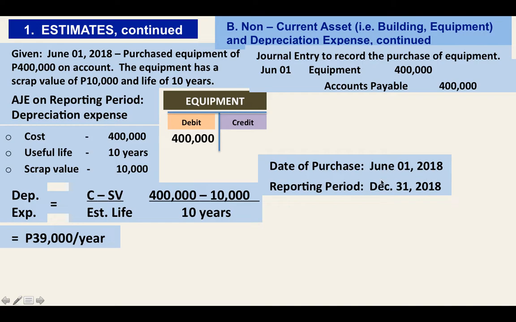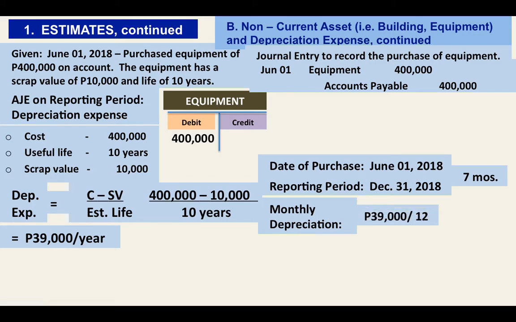So basically, this is not 1 year. It's only 7 months. So in as much as 7 months, dapat ang i-apply nating depreciation is only good for 7 months. So how are we going to do that? In as much as this is expressed in year, we have to convert this on a monthly basis. So we will get the monthly depreciation: 39,000 divided by 12 will give you 3,250 per month.